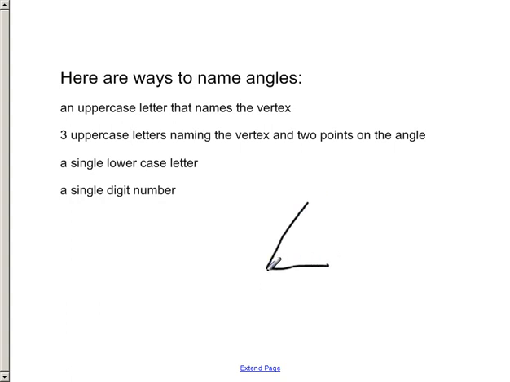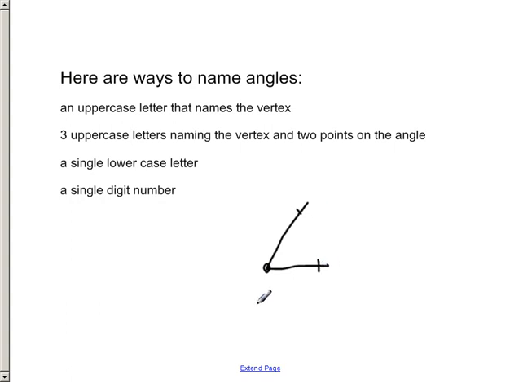This point right here is the vertex. I could label that with one uppercase letter. I could label 2 points on the triangle, for example, here, and the vertex. So I could use 3 letters, A, B, C.